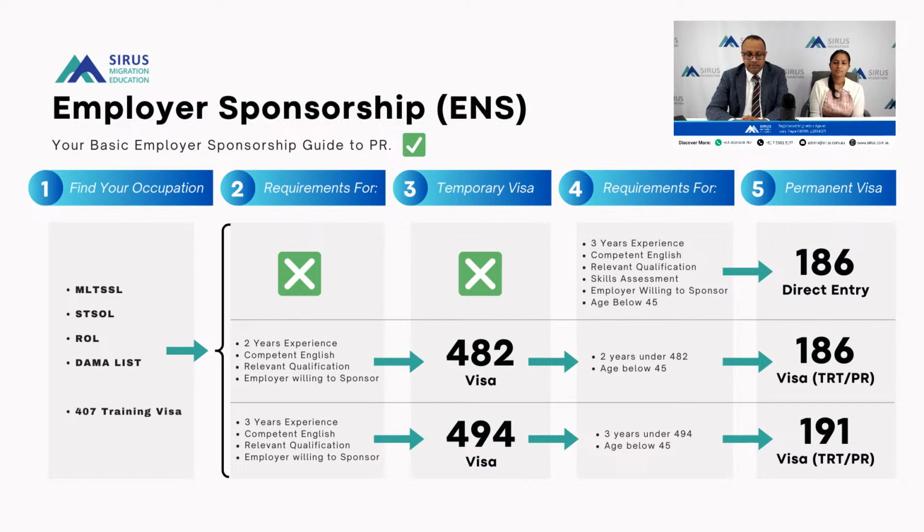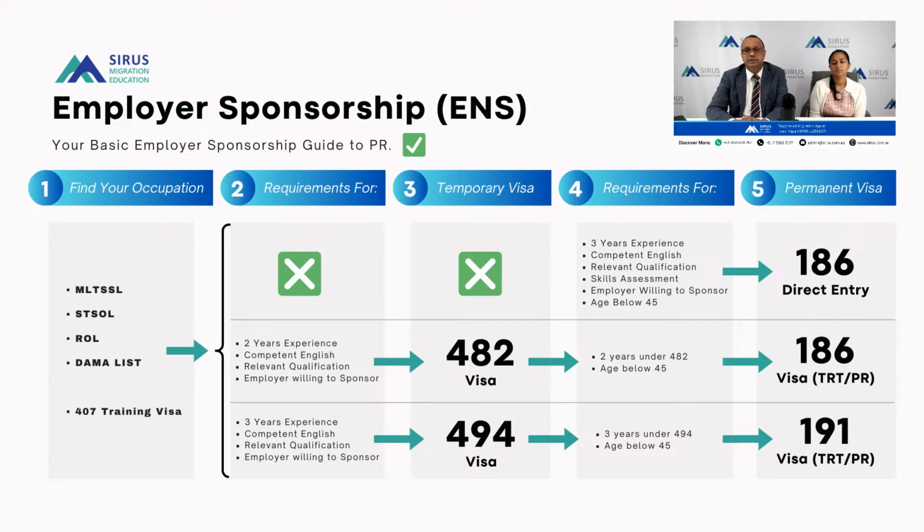If your occupation is in the medium to long term skill occupation list, you have the choice of whether going through 482 first or 186. It depends on your employer as well. But if your occupation is in the short-term skill occupation list such as cook, then the only way for you to get to permanent residency at this stage through the work visa program or employee nominated program is through TRT.